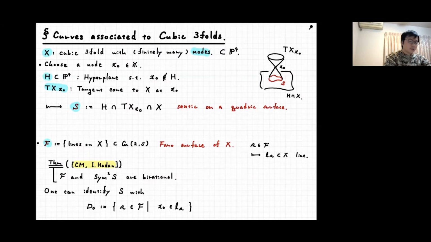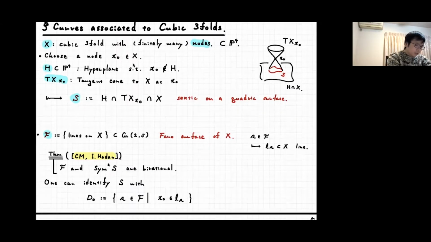As a notation, starting from a point s in this Fano surface, I denote the associated line as L_s, a line inside of the capital X. Then the theorem by these people gives a birational equivalence between this Fano surface and the symmetric product of this sextic curve.